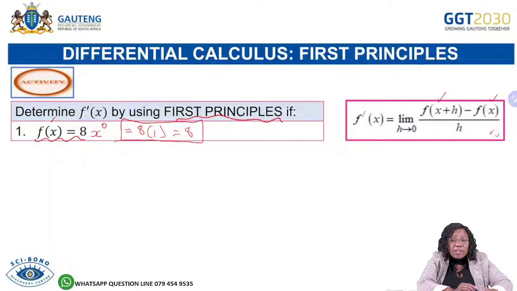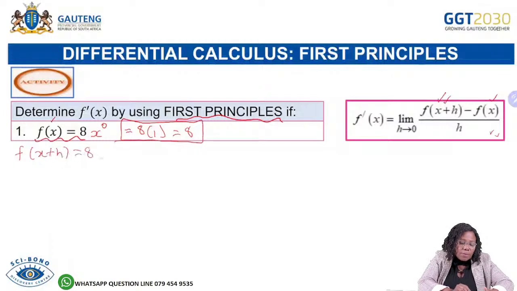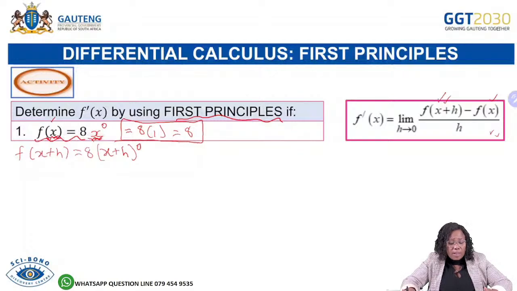And then now let's see what happens when we try to find the f at x plus h, because our equation needs that. This will be f at x plus h equals 8. For x, we substitute x plus h, and then to the power 0. That simply means we are now substituting x plus h in all the places where we see an x there.